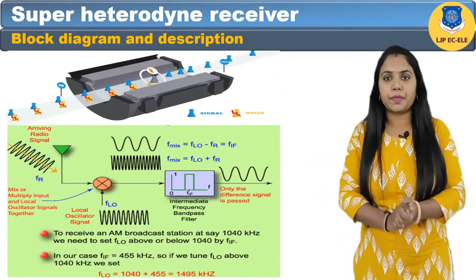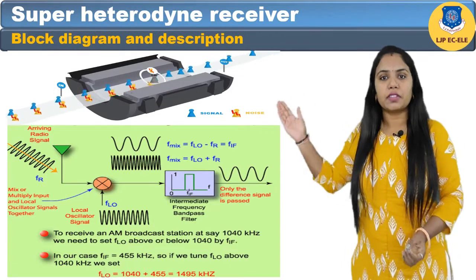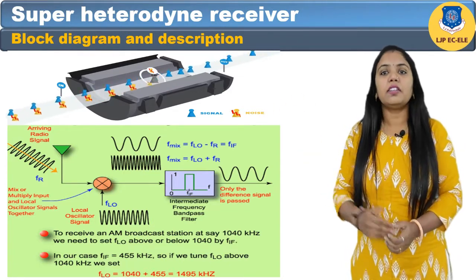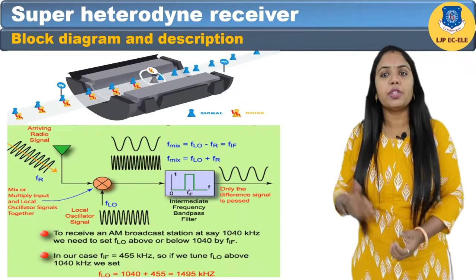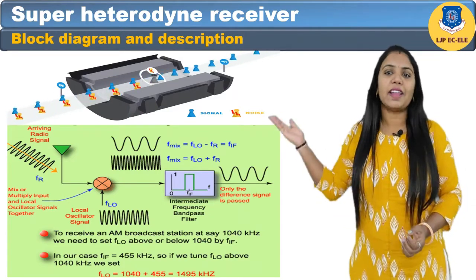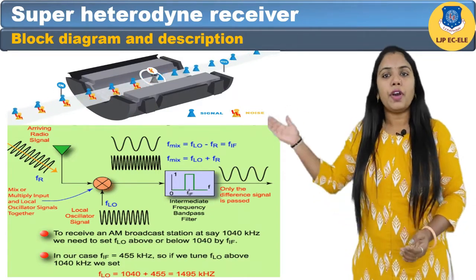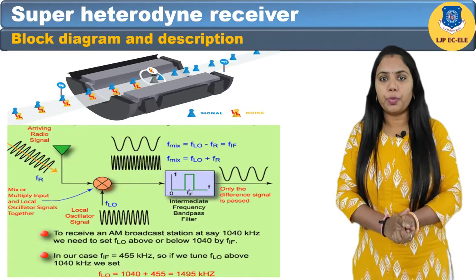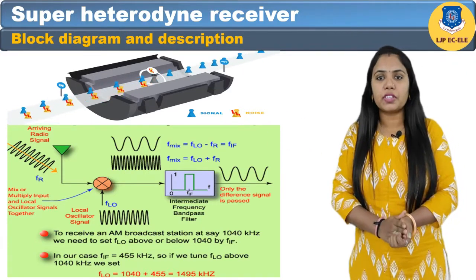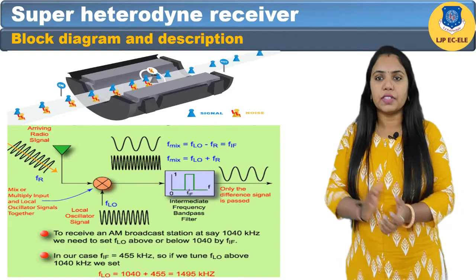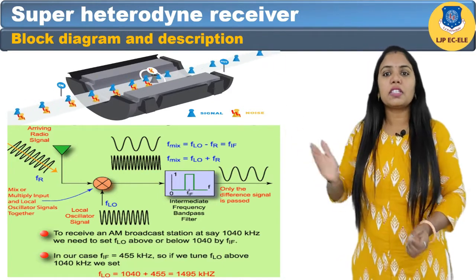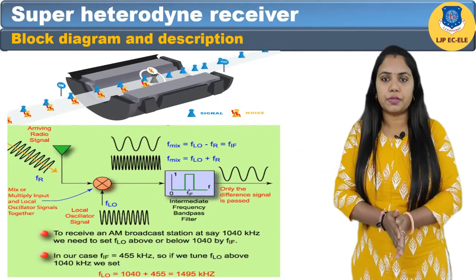Third, mixer. The third block is the mixer. The RF signal and the local oscillator signal are fed to the mixer to produce the desired IF. Mixers found in common AM receivers output the sum and the difference of the local oscillator and the RF frequency, and the local oscillator and RF signals themselves.